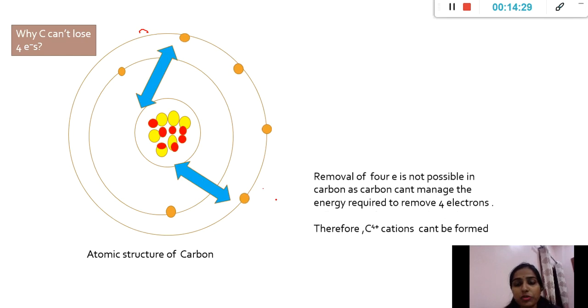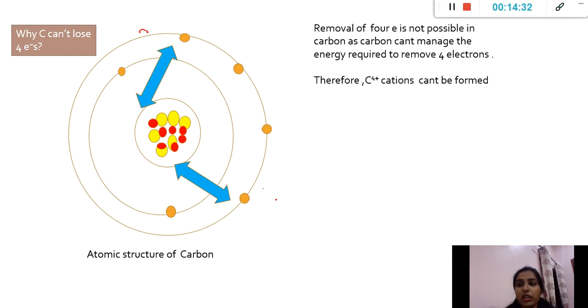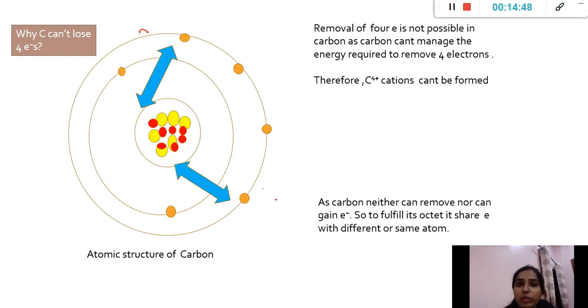Why did they fail to do this? Because the removal of 4 electrons requires a large amount of energy, and it is not possible for the carbon to manage such a high amount of energy.